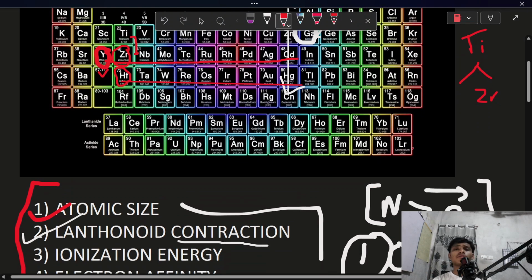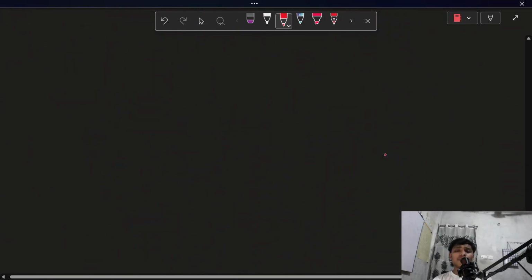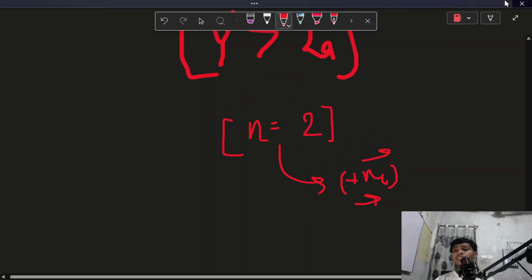Even in theory, if you have to solve any questions on atomic size and differentiate between them, what you can do is first check out the shell numbers. If the shell numbers are the same, then check their charges. And if the charges are also the same, let's say they are all neutral or all positive, then check which atom is situated more on the right side of the periodic table.